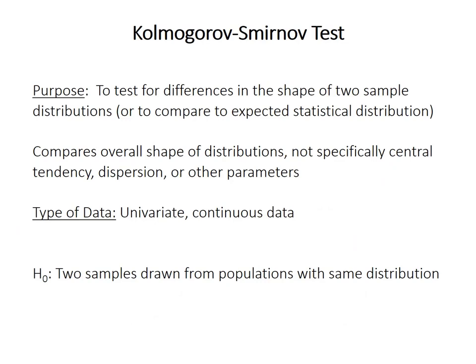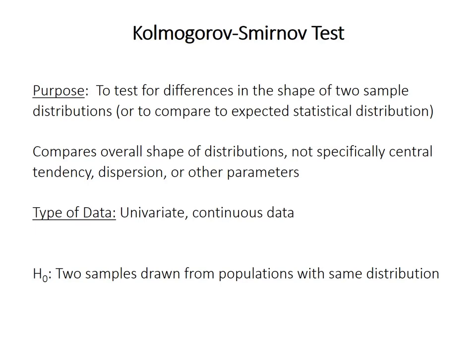So back to the KS test. Its purpose is generally to test for differences in the shape between two sample distributions. It can also be used to compare one sample to a known statistical distribution, but we're not going to focus on that as much as the two-sample test. The test compares the overall shape of the distribution.